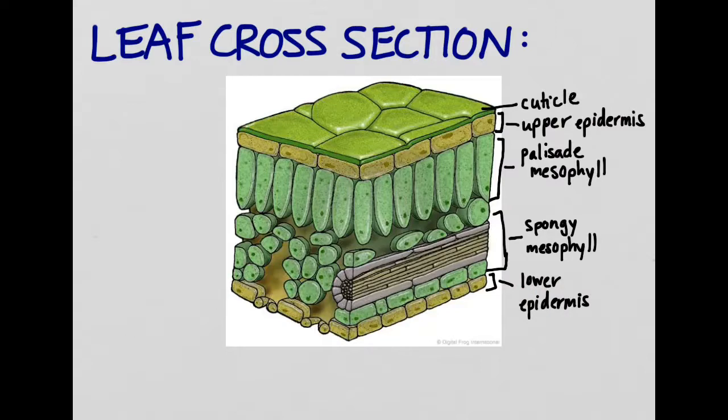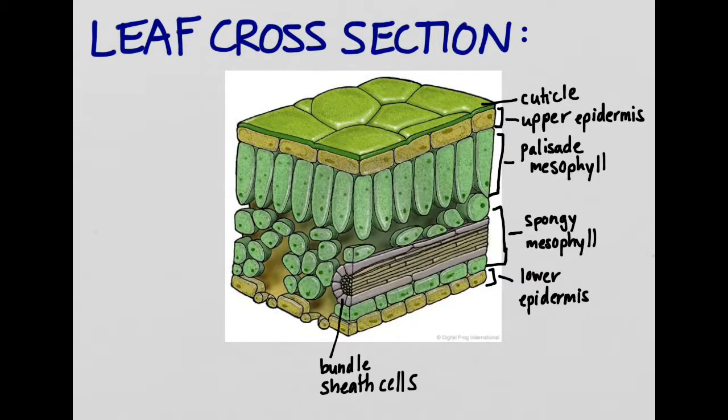There's some structures I haven't labeled, and that's sort of in this vein that we have shown here. Keep in mind that this spongy mesophyll that I'm talking about is this whole layer here. Within that layer we have this vein, this purple structure, and I want to show you what those different parts are. The purple cells that are lining that vein are what are called the bundle sheath cells, and they're the outermost layer of the vein.